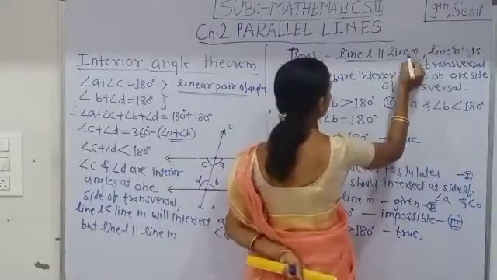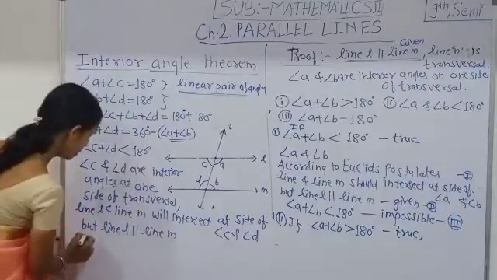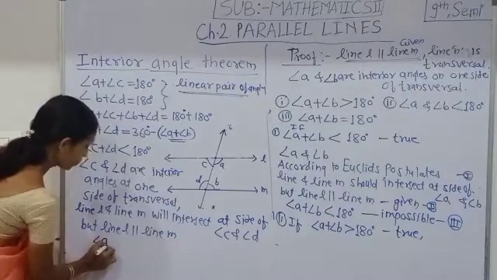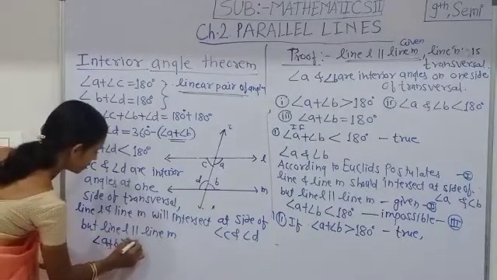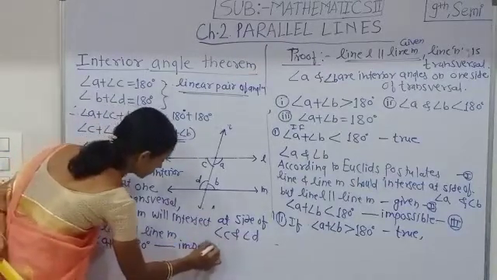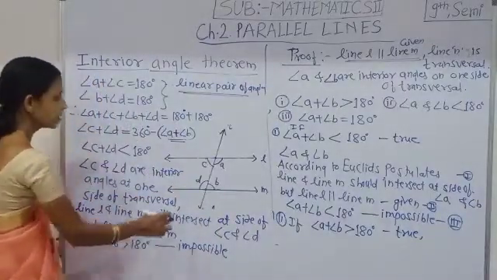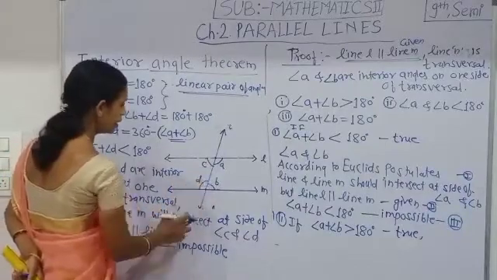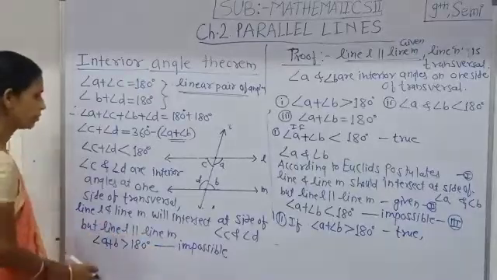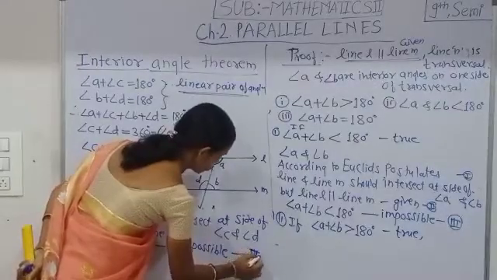Therefore, the second statement which was considered, that angle A plus angle B is greater than 180 degrees, is also impossible. As well as angle C plus angle D being less than 180 degrees is also impossible. Therefore, here we have to consider statement number 4.